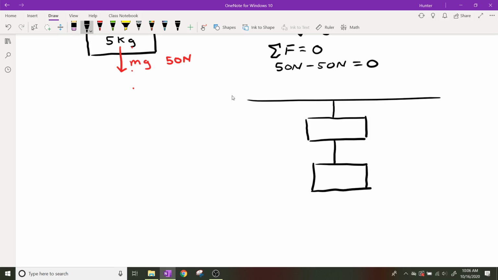Let's say that the top one is 10 kilograms, and let's say that the one underneath it is 5 kilograms. So I'm going to ask you all a question. What is the tension in the bottom rope, and what is the tension in the top rope?